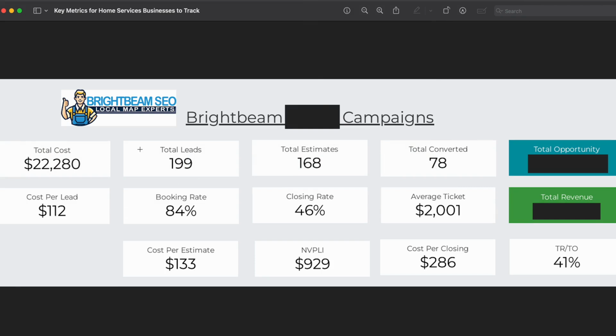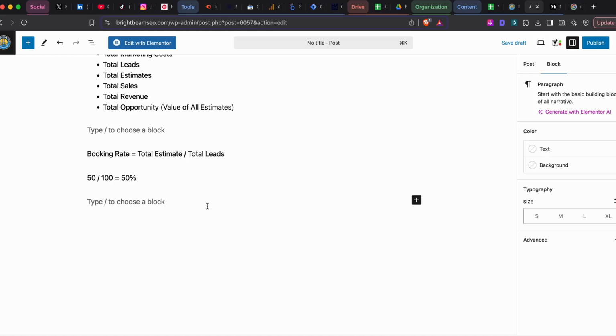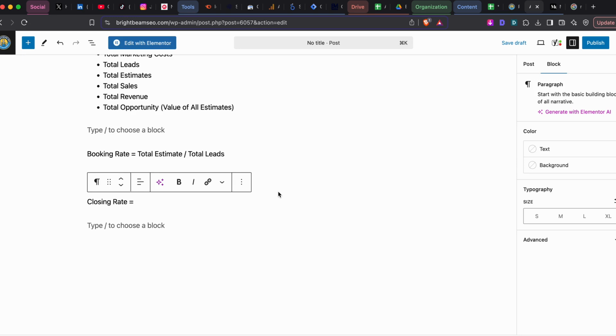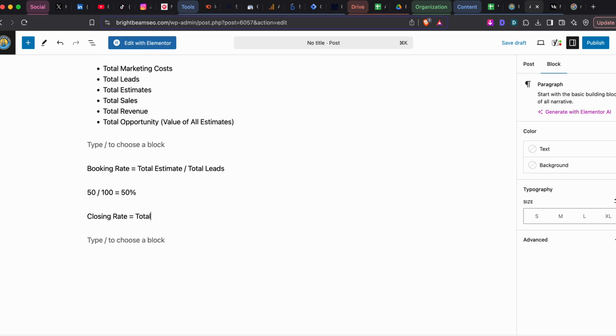Secondary here, we have our closing rate. Closing rate is the total number of sales divided by the total number of estimates.